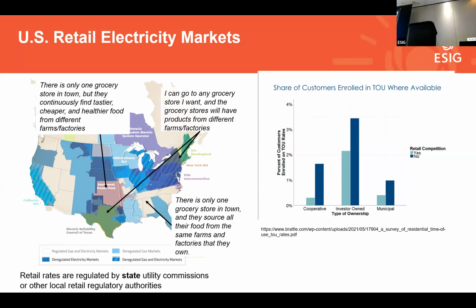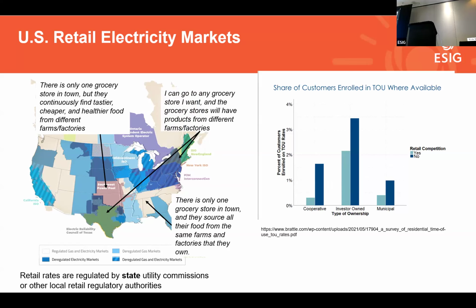And then you have other regions that are part of the stripe, part of the dark blue states, but also part of the ISO RTO maps. In those regions, I can go to any grocery store I want. There are a couple of different options. Maybe they each give different coupons, or some of them have better deals or better products, and all of them are sourcing their products from different farms and different factories.